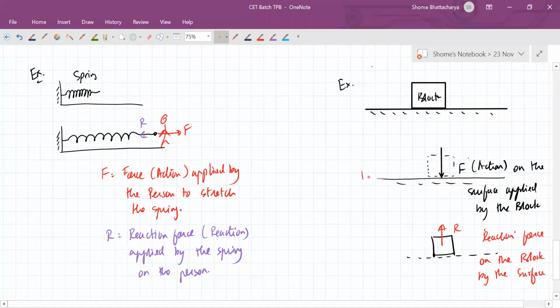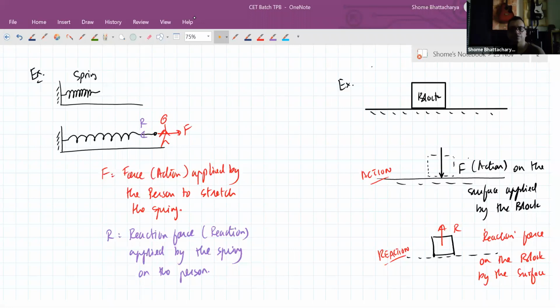Okay. So if this is the action, this is the reaction. So many such more examples we will keep studying as we move along. Okay.